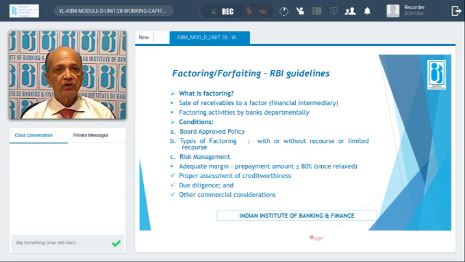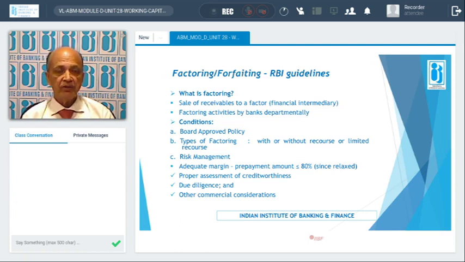Then the most important is risk management. The policy should contain the areas wherein credit risk is involved, and as against that, what would be the mitigating factors.